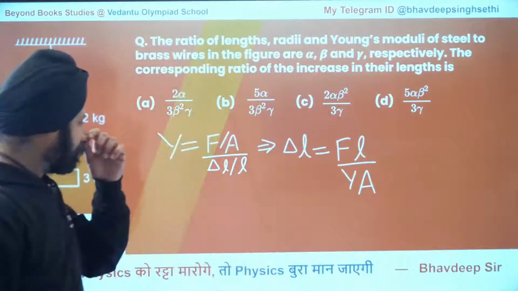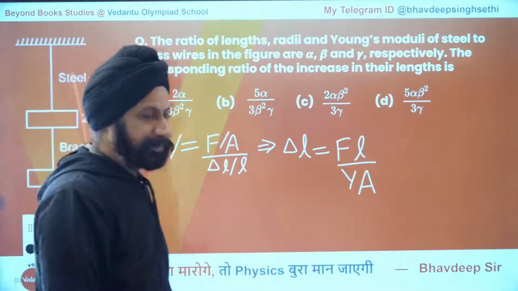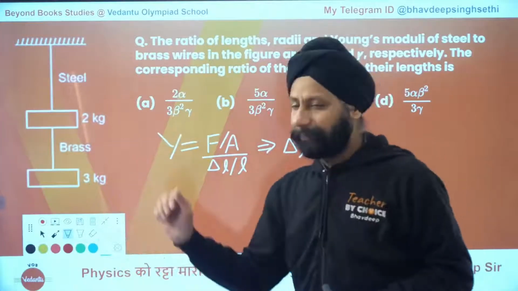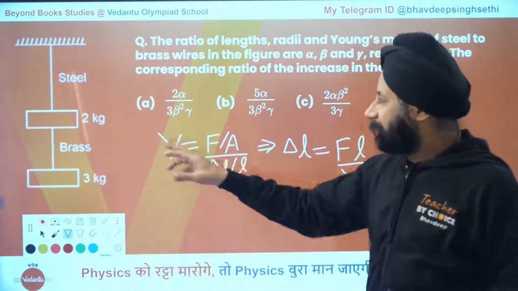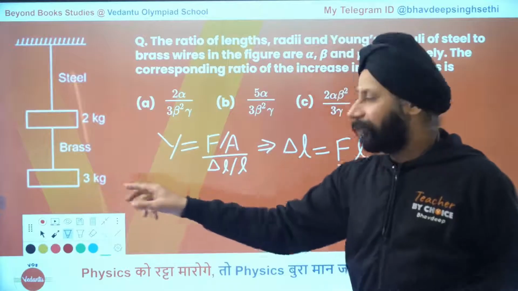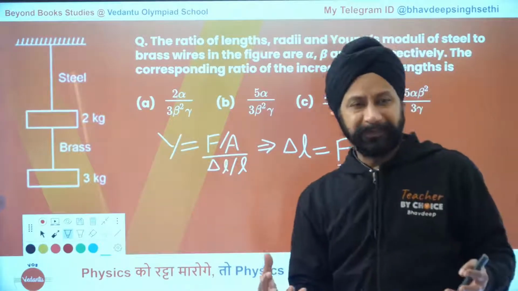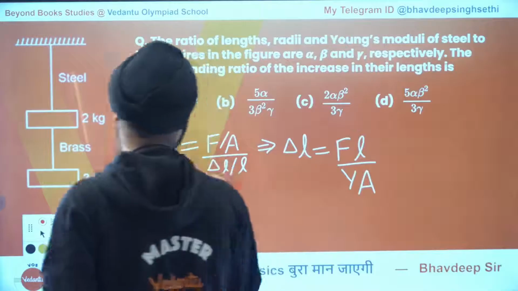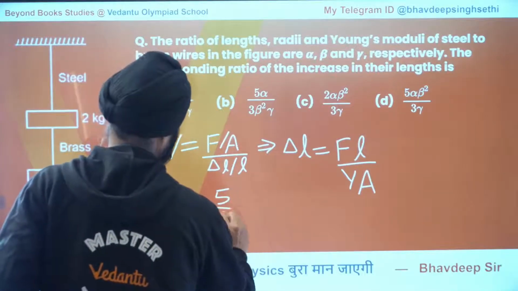Okay. Saying the ratio of the change in length of the steel to the brass. So force. Steel is taking 50 newtons. Brass is taking only 30 newtons. So the ratio of force is 5 by 3. So I'll plug in 5 by 3 for that.